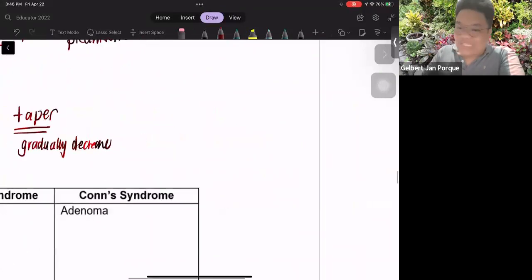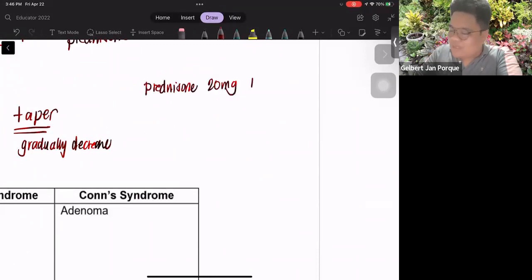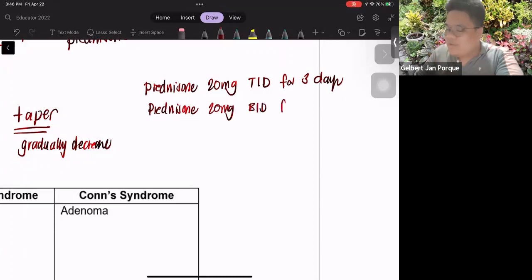For example, the doctor prescribes prednisone 20 milligrams TID. What is TID? How many times a day? Okay, 3 times a day. So prednisone 20 milligrams TID for 3 days. Then prednisone 20 milligrams BID for 3 days.